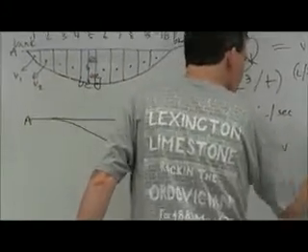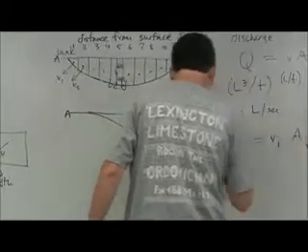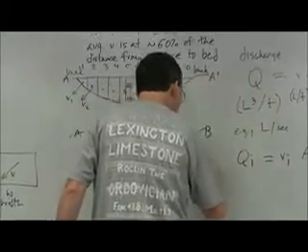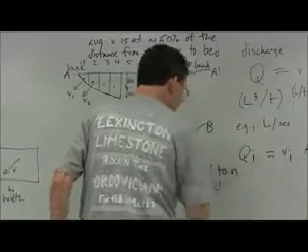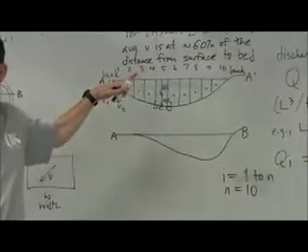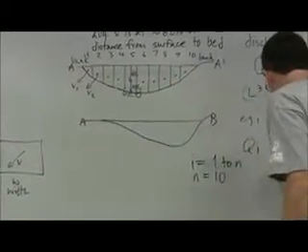I'm not using the right terminology. Qi equals Vi Ai, i equals 1 to n. In this case, n equals 10. So n is your number of segments. So this is what you can do for Q total.